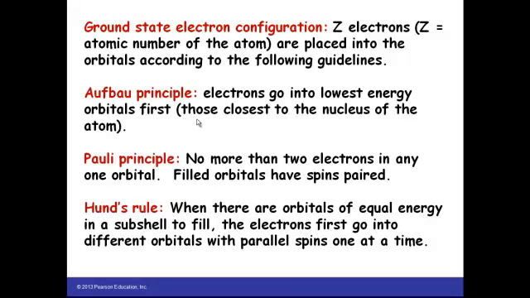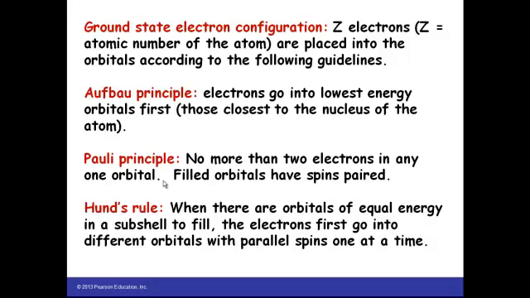They have to go into the lowest shells first, and within those shells they have to go into the closest subshells. And then the Pauli principle is telling us that no more than 2 electrons can fit into any one orbital. So that's what we just got done saying. And when they go into these orbitals, their spins have to be opposite and paired with one another.